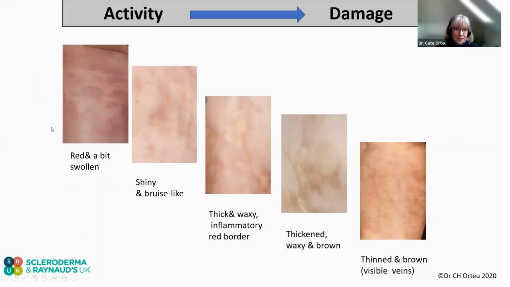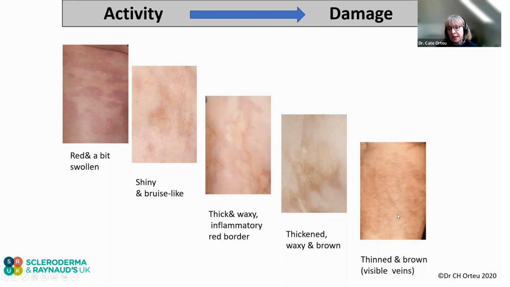In terms of activity, if it's red and a bit swollen in the early stages, the shiny bruise-like with a slightly red rim. This is a more inflammatory red border, and it's shiny and waxy centrally. So all of these are really active lesions, whereas as time goes on, you might still have some thickening and waxy change, particularly centrally, but the edges become hyperpigmented and brown.